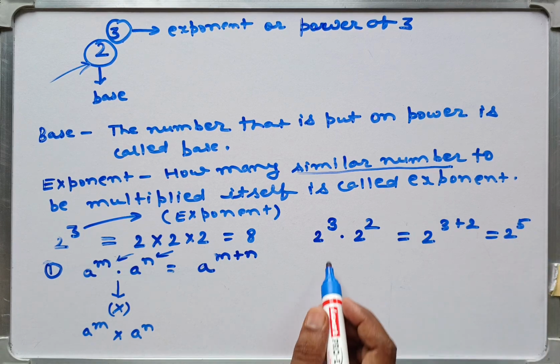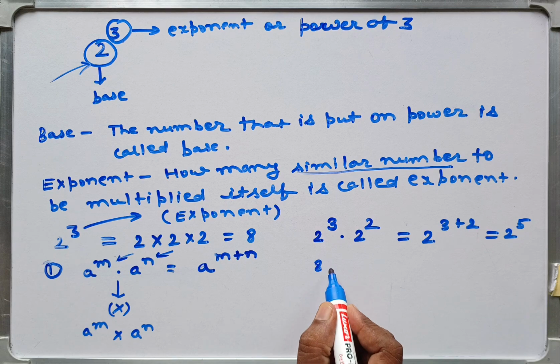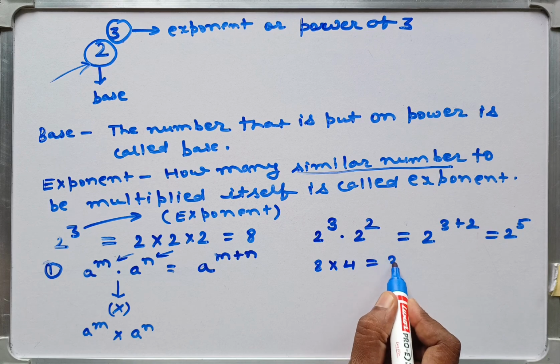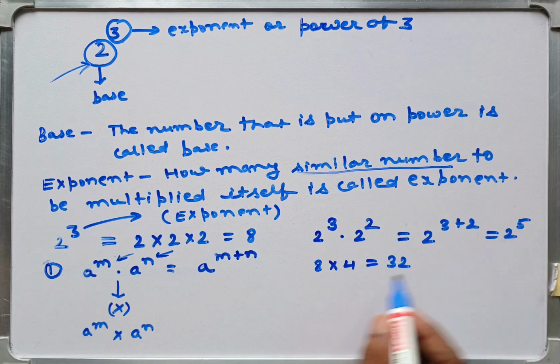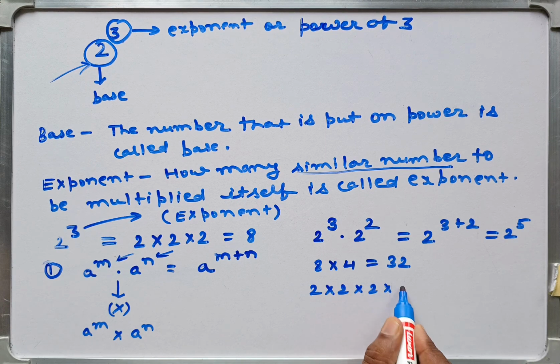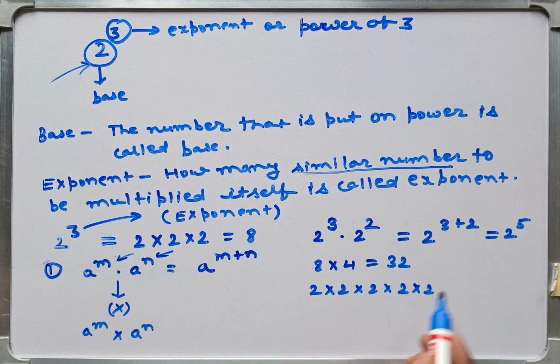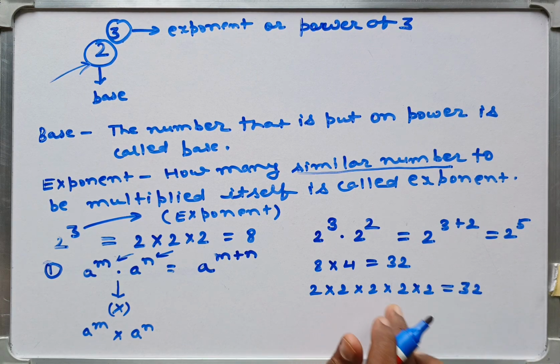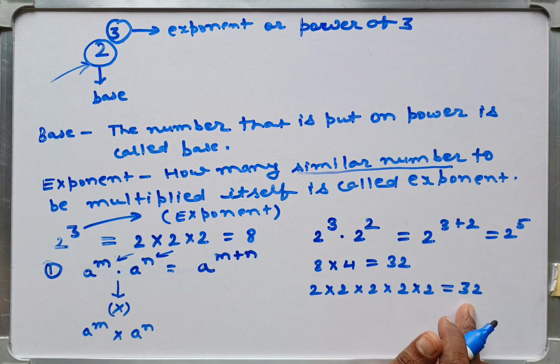If we see, this one is 8 and this one is 4, so the result is 32. If we multiply 2 into 2 into 2 into 2 into 2, what will come? This will also come 32. 2 times 2 is 4, 4 times 2 is 8, 8 times 2 is 16, 16 times 2 is 32. So finally you will get this.